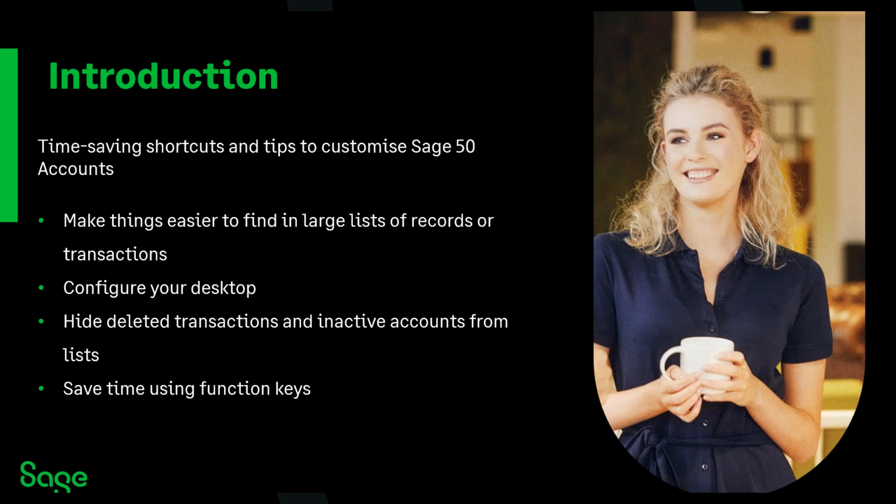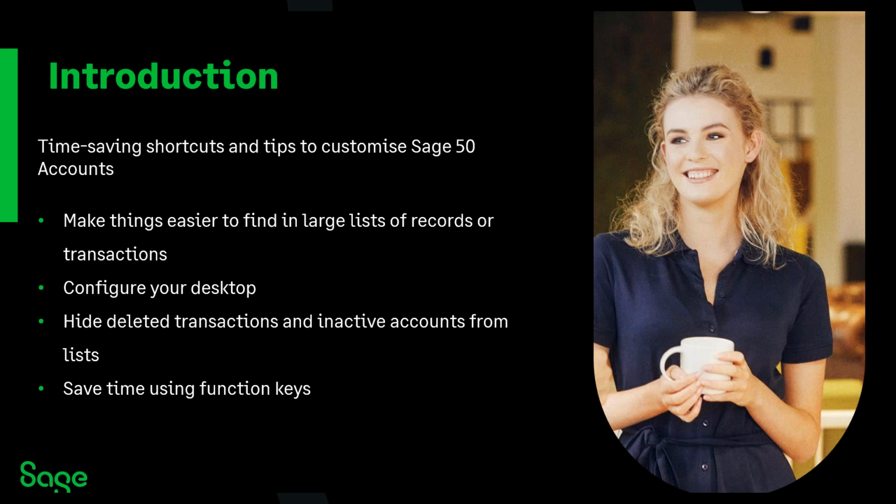So Sage 50 Accounts has built-in tips and tricks that make it easier to customize things and save you time. It can make it easier to find items within large lists of records or transactions, for example, adding in alternate row colors to the lists in each module. There are also different selection styles when selecting multiple records.